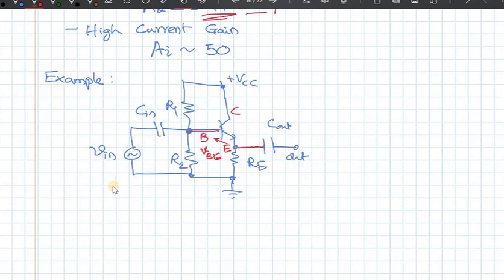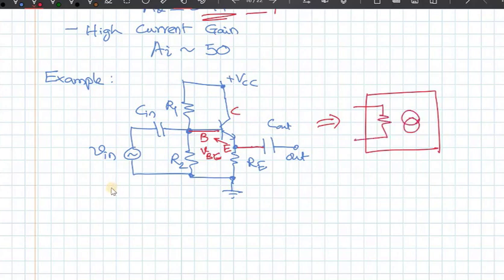Because the input impedance of this circuit is high, you can look at it like this. There's a current gain, with a very high R in and a small R out.